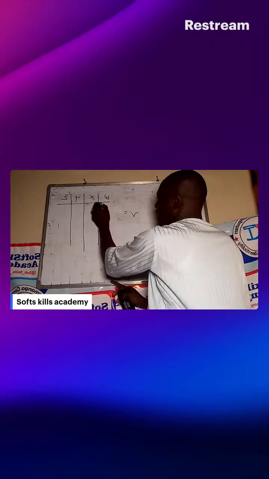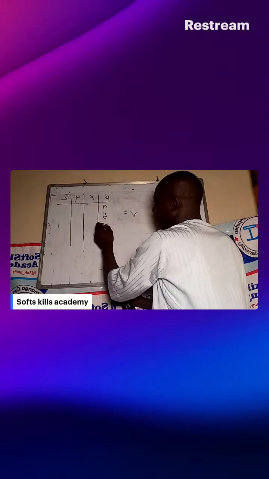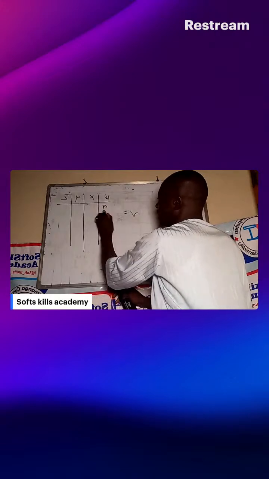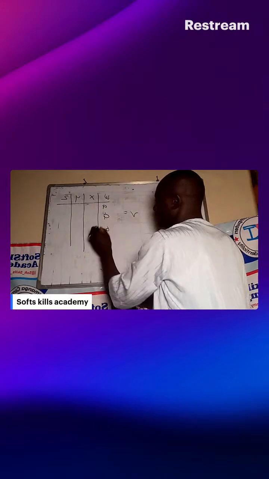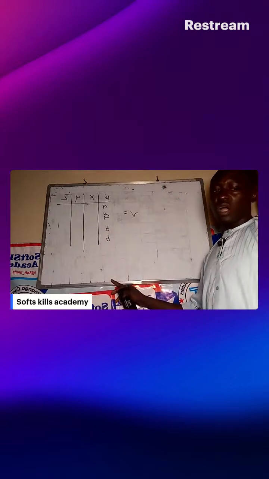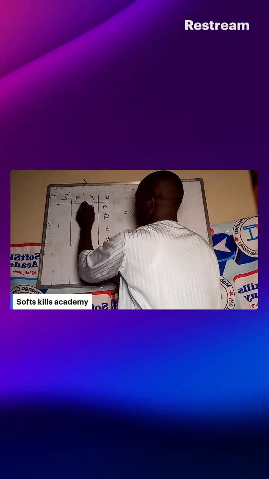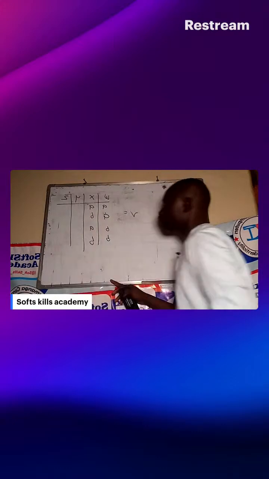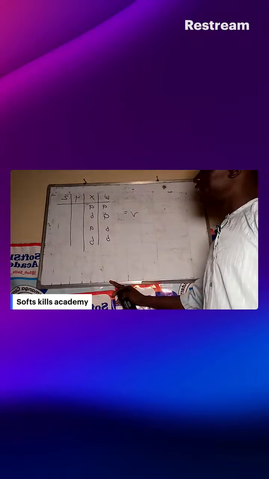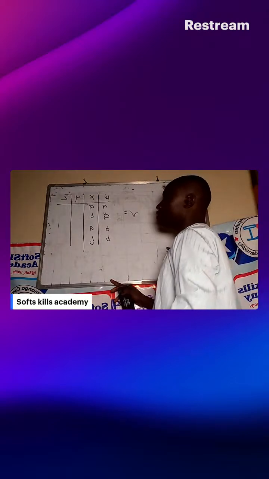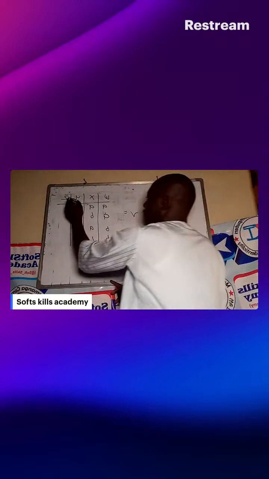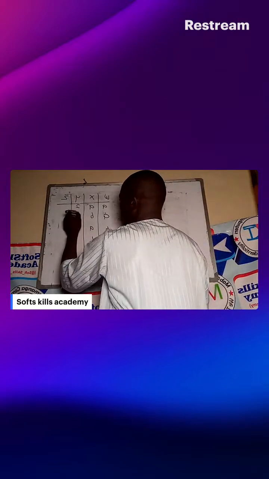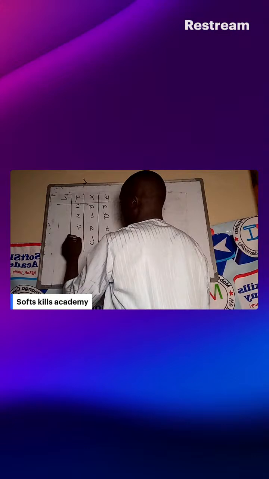And here, for instance, under the X column we have A, B, A, B. Under the Y column, let's assume we have 2, 3, 7, and 20.